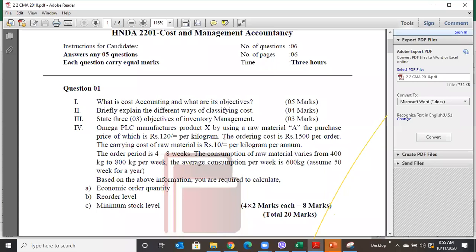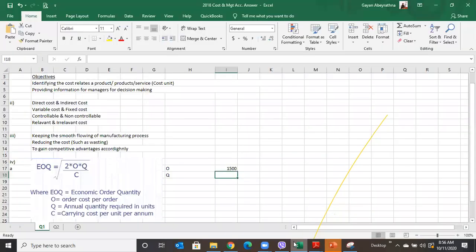Annual quantity: consumption of raw materials varies from 400 to 800, and the average consumption per week is 600. Per week 600 on average, so the total is 600 into 50.